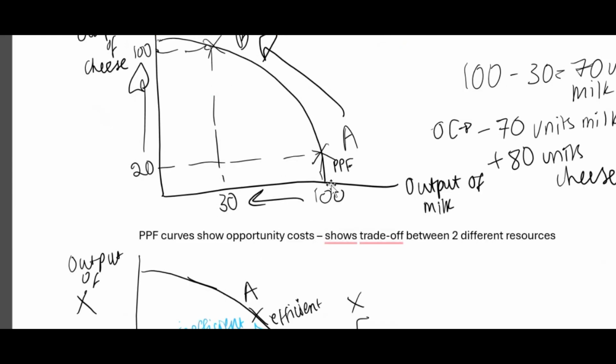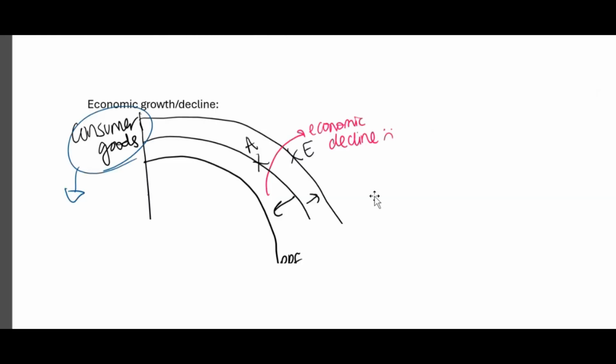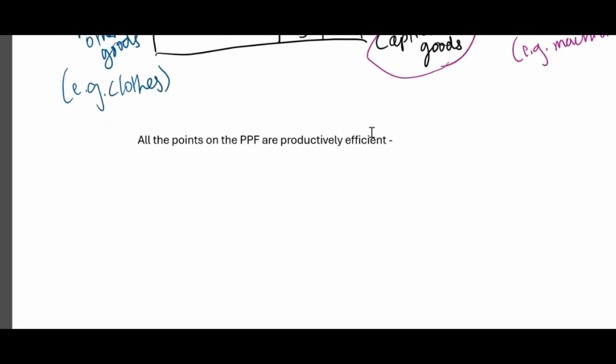Anywhere on the PPF, we are productively efficient, because if we're efficient, then we're reducing our costs as much as possible. So all the points on the PPF are lowest possible costs.